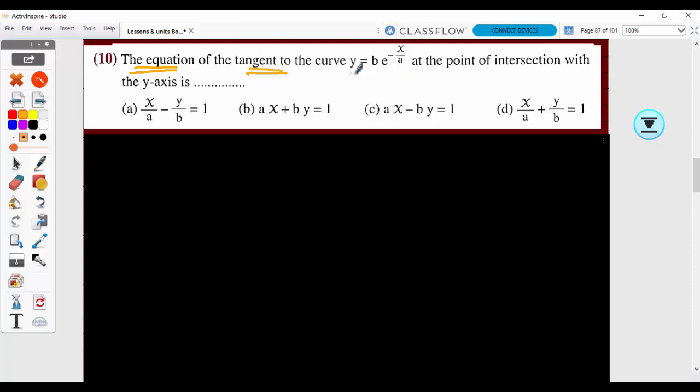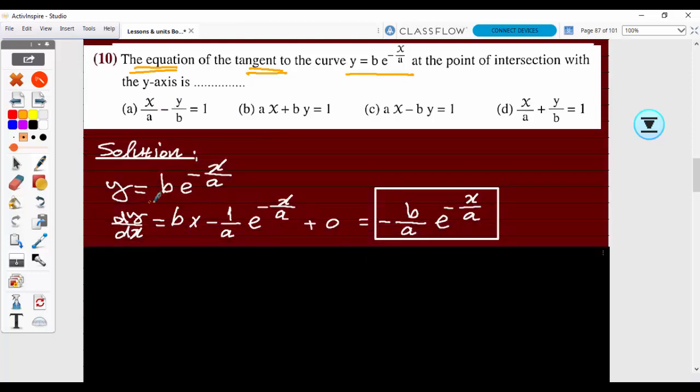What is the equation of the curve? The equation is y equals b e power negative x over a. At a certain point, this point is the intersection point with y-axis.